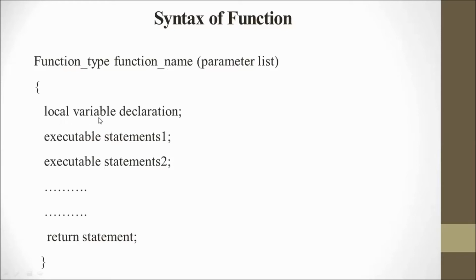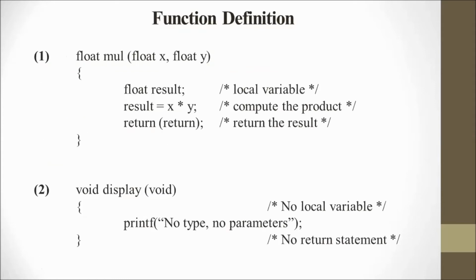Here we declare some local variables inside the function, and some executable statements, statement 1, statement 2, and a number of statements, one or many statements we can use. And here in the last we must use return statements, because the result of this function returns to the main function. So a return statement must be used.